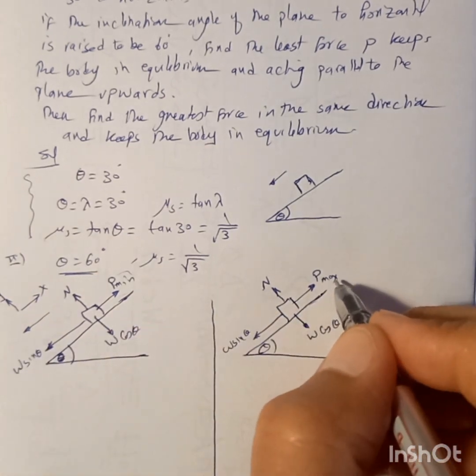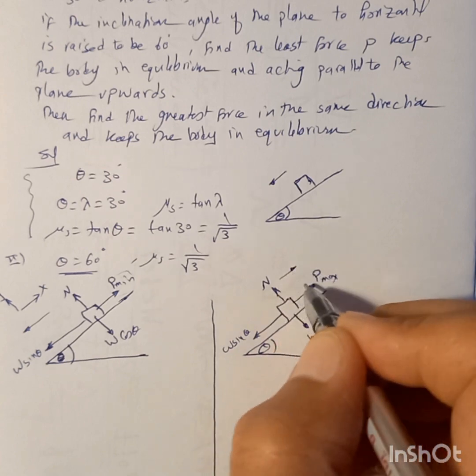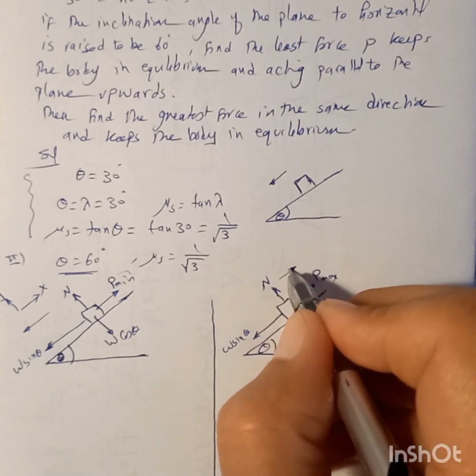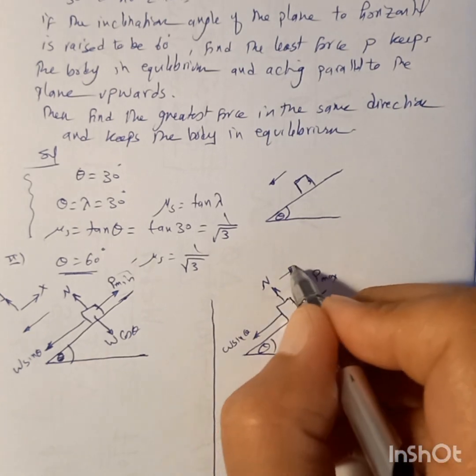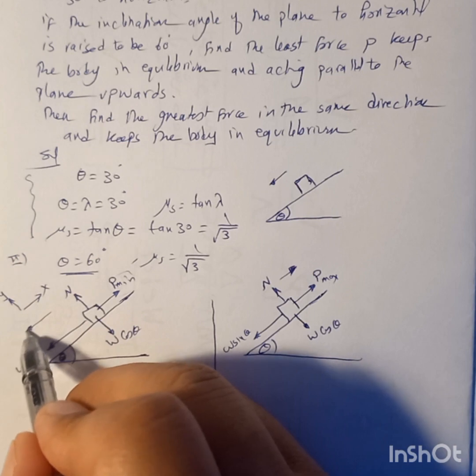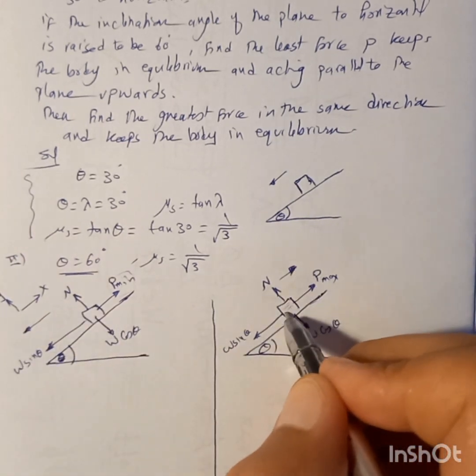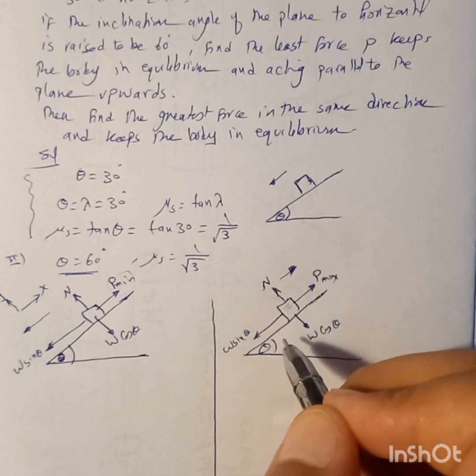As we need to find P maximum, the expected motion direction is upwards, in this direction. So if we need to find minimum, the expected motion direction is downwards along the plane. For P maximum, the expected motion direction of this body is upwards along the plane.